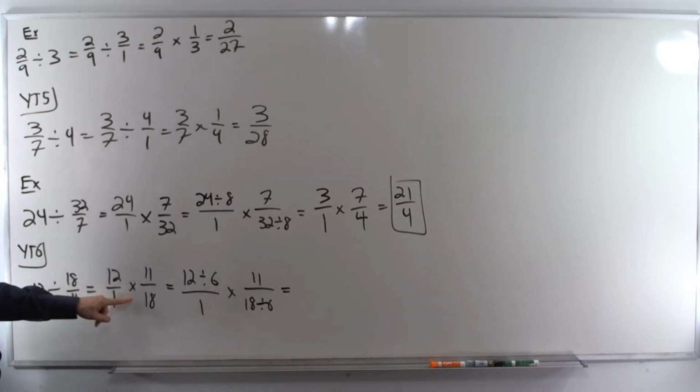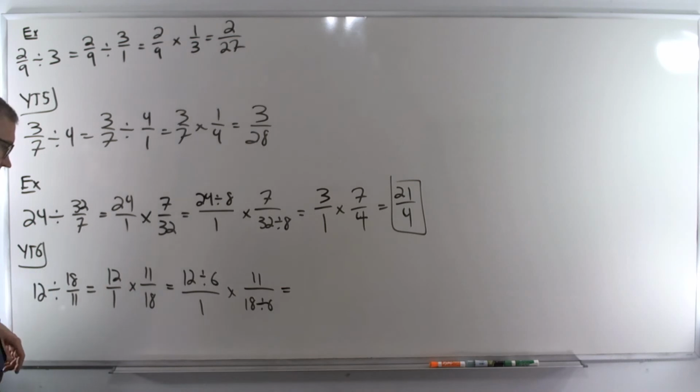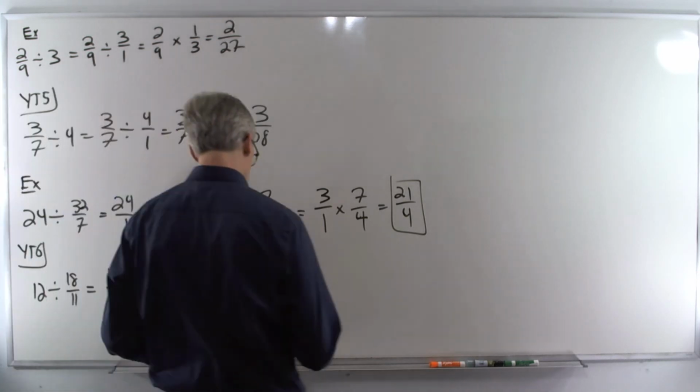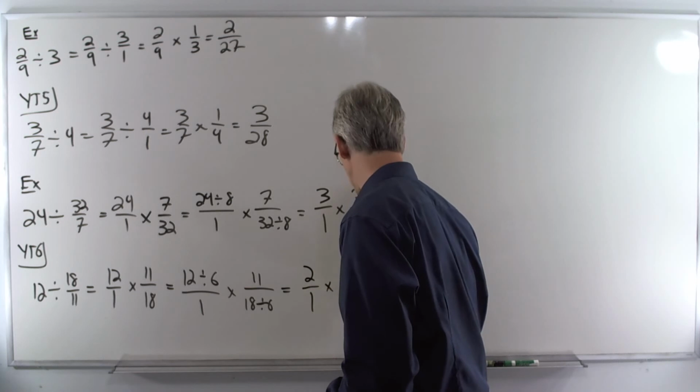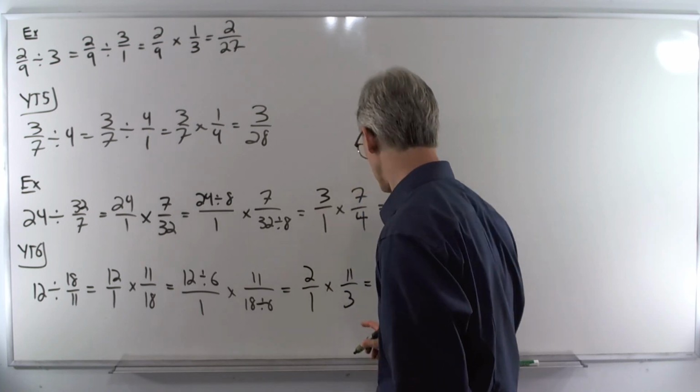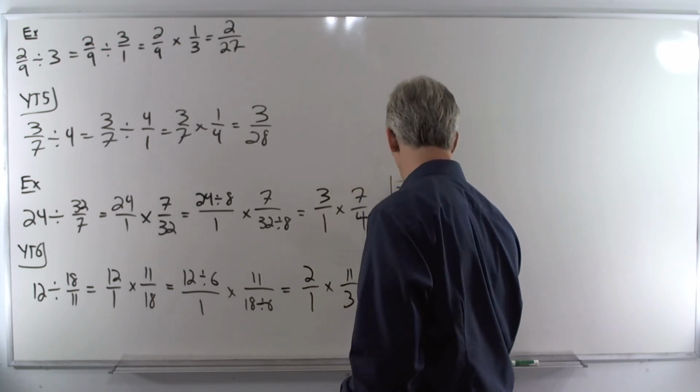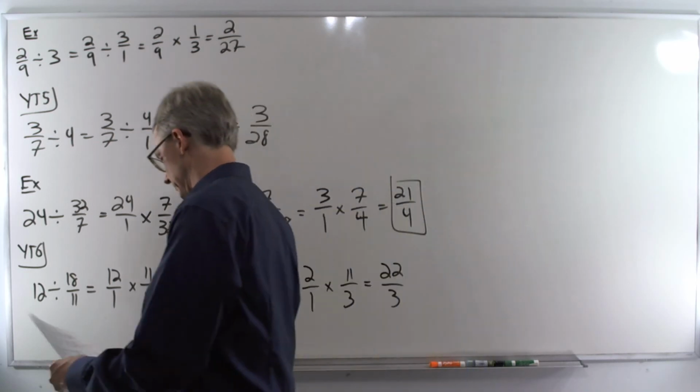Convert to multiplication, flipping that second fraction over. And now between 12 and 18, we have a common factor of 6. So we'll divide both of those by 6. That produces 2 over 1 times 11 over 3. Multiply across then, we get 22 on top and 3 on the bottom. 22/3.